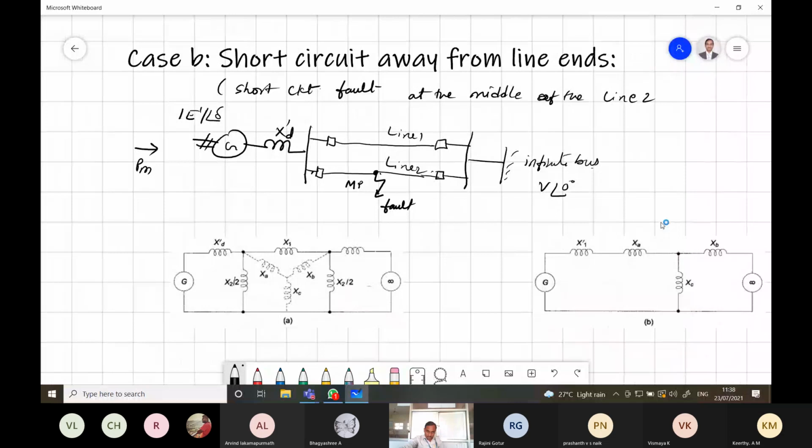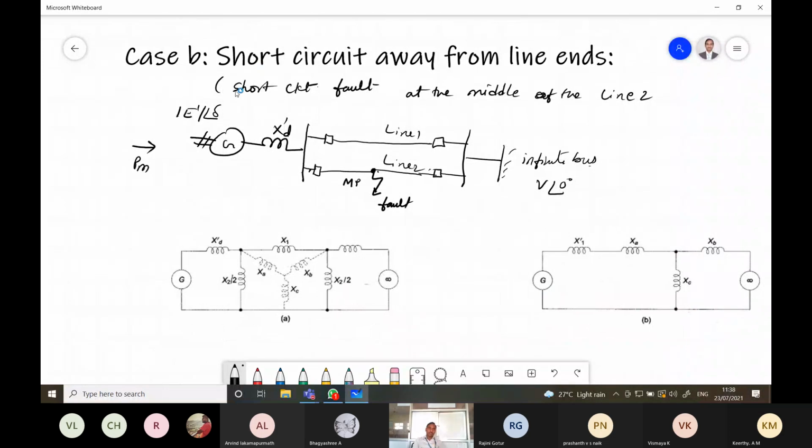So for that we will write the circuit model. XD dash is there, written as it is, and this is x1 and this is x2. Whenever the fault occurs, x2 is divided into x2 by 2 and x2 by 2, from this point to this point and this point to this point.